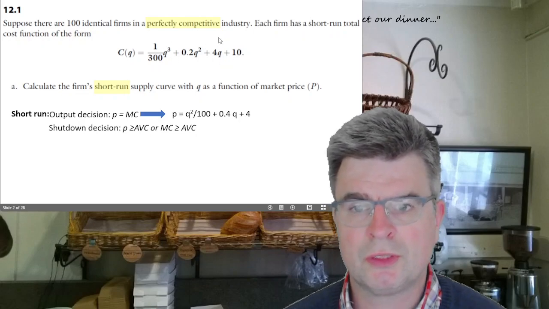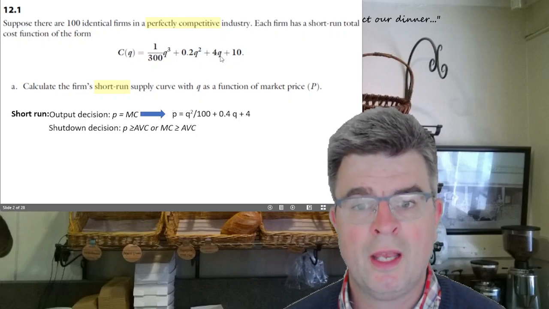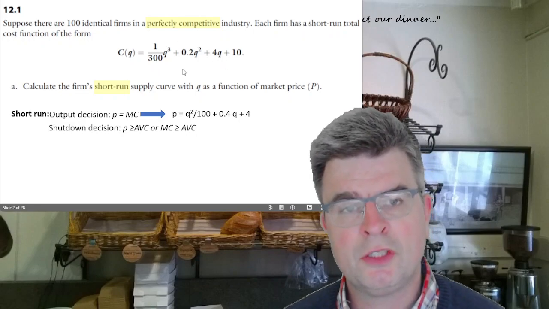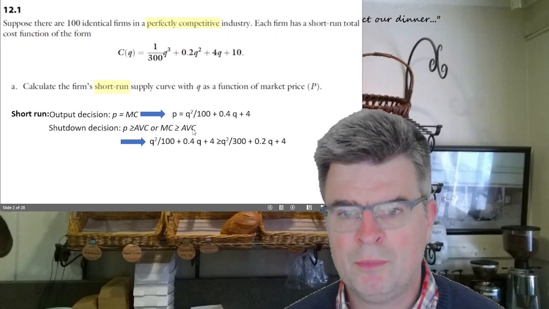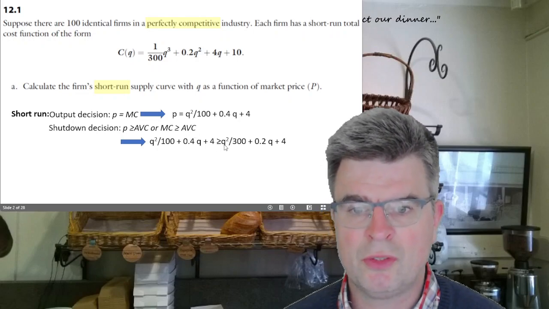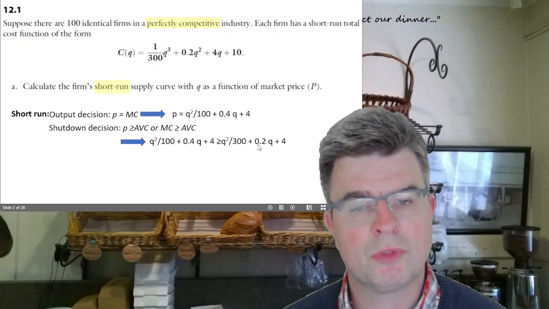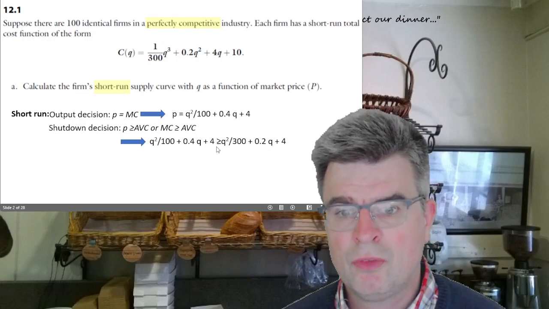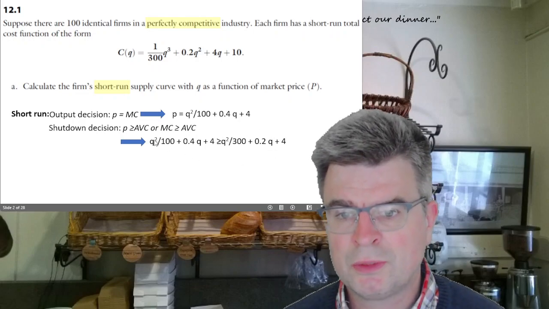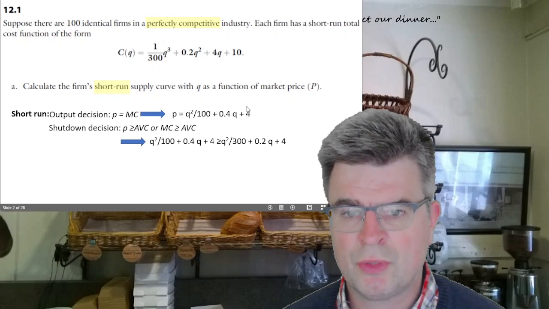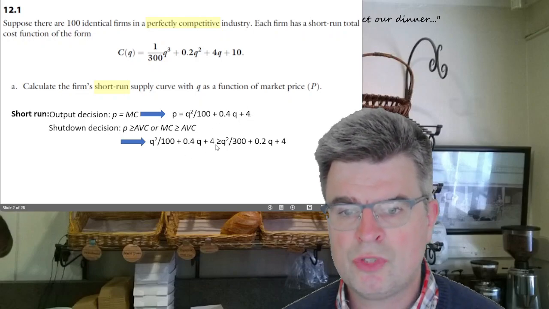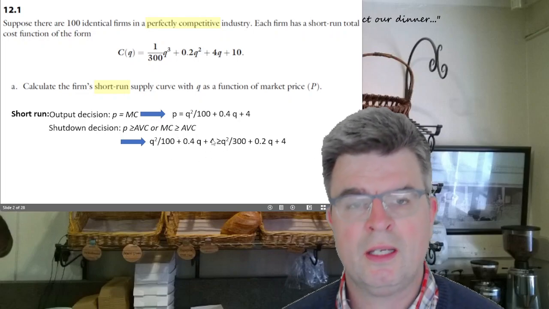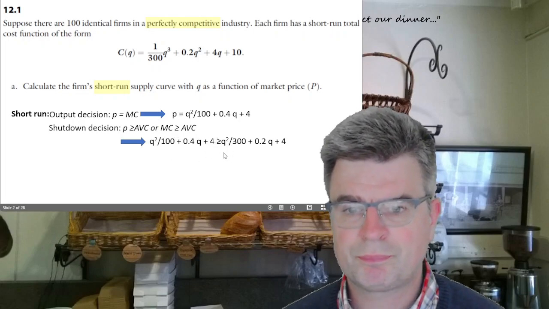The variable cost is this part of the cost function. And to find the average variable cost, we need to divide this part by q. And we arrive at the expression q squared over 300 plus 0.2q plus 4. So this is the average variable cost. This is the marginal cost that we just take from here. And we need to check that the marginal cost is higher than the average variable cost.